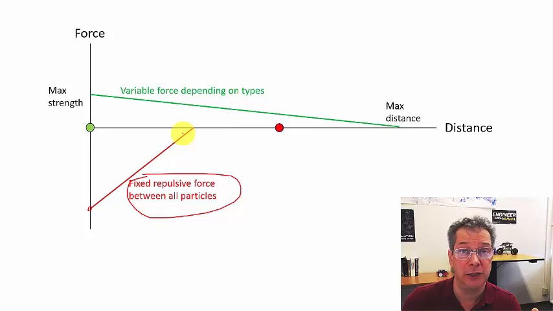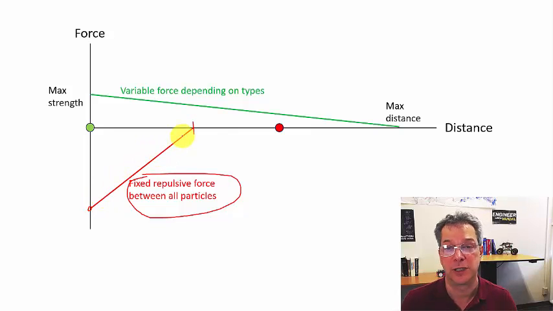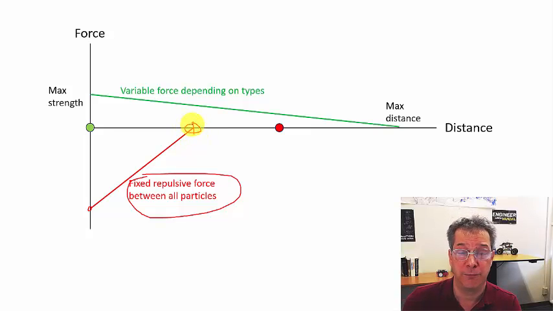It's a linear force, and so again, that's a little unlike most real physical forces, which tend to fall off as the square of the distance. Here we'll just have them fall off linearly and eventually drop to zero. And so two particles that are close together feel this negative repulsive force until they get far enough apart.